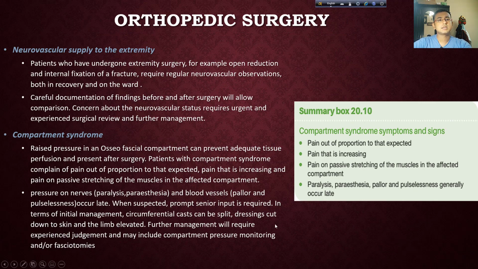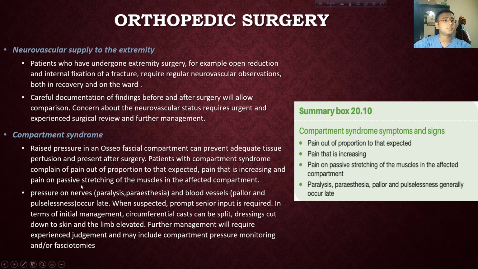Now the orthopedic surgeries. Orthopedic surgeries have some specific problems like compartment syndrome and neurovascular supply of the extremity. Compartment syndrome is a very dangerous complication. Raised pressure in the osteofascial compartment can prevent adequate perfusion, and it presents after surgery. Patients with compartment syndrome complain of pain out of proportion to that expected.